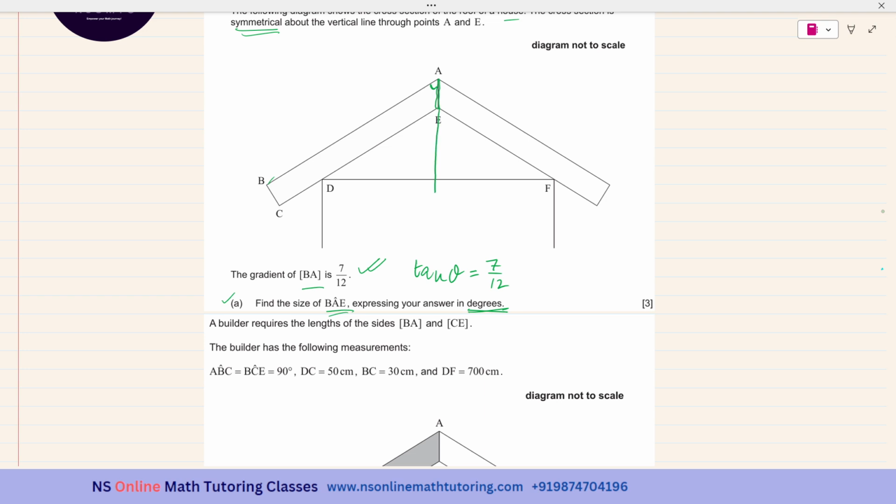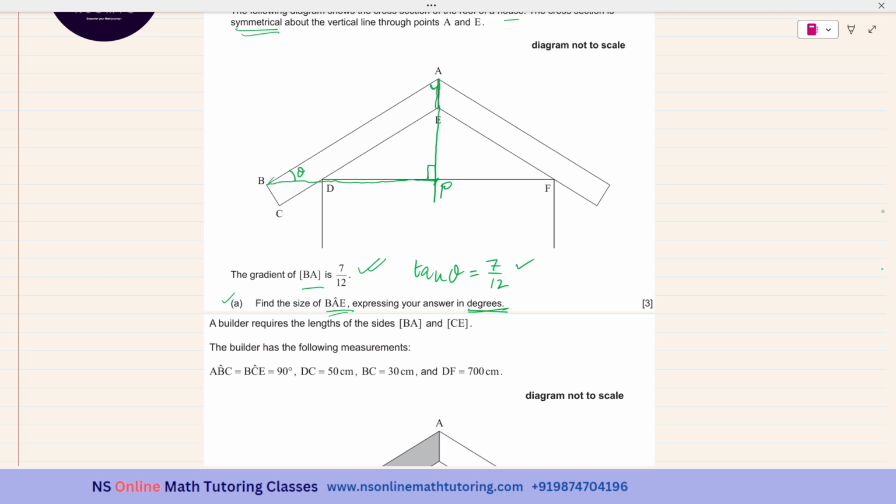If I extend the line AE and draw a horizontal line parallel to the x-axis, let this point be P. This is a right angle, and line BP is a horizontal line, so this angle will be theta, and tan theta is 7 over 12.